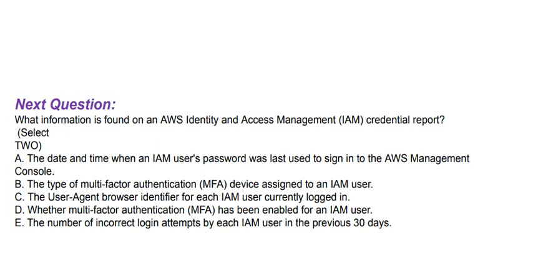Option C, the user agent browser identifier for each IAM user currently logged in. Option D, whether multi-factor authentication has been enabled for an IAM user. And option E, the number of incorrect login attempts by each IAM user in the previous 30 days. The correct answer is option A and C.